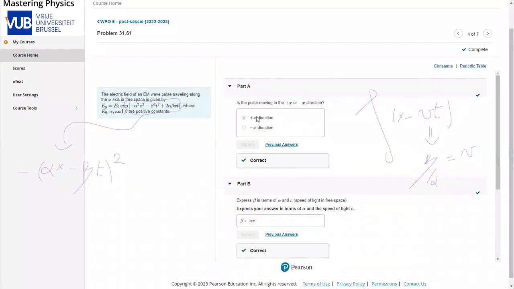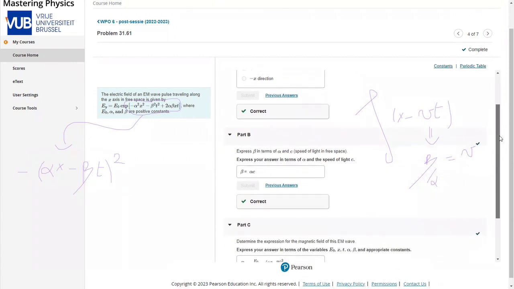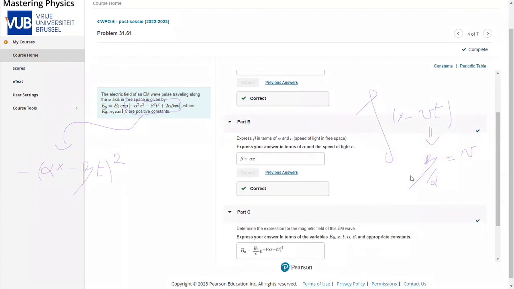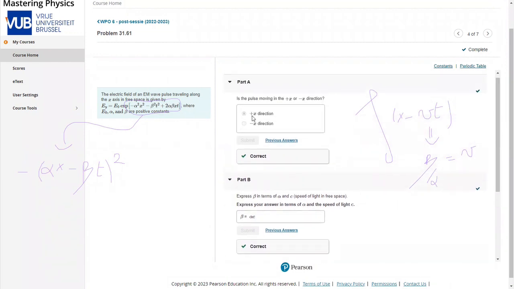So this one will give you an idea of how it is moving in positive direction, because you have to notice this one, and then you will find it. Then you will find this also. Basically, the motion of the wave just depends on the v, in which end and the sign here.